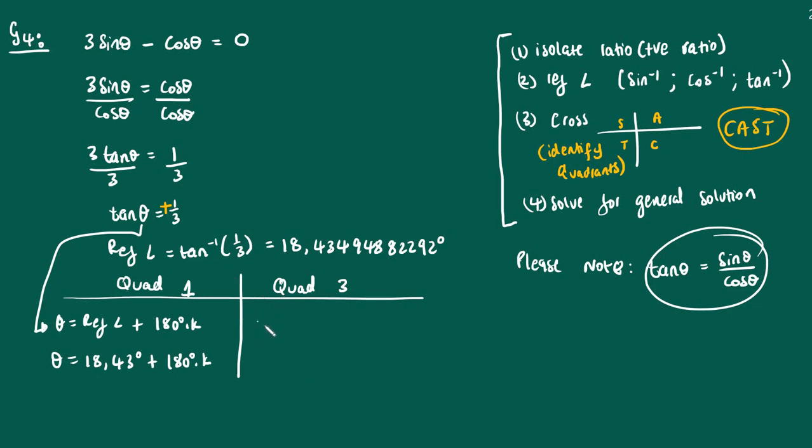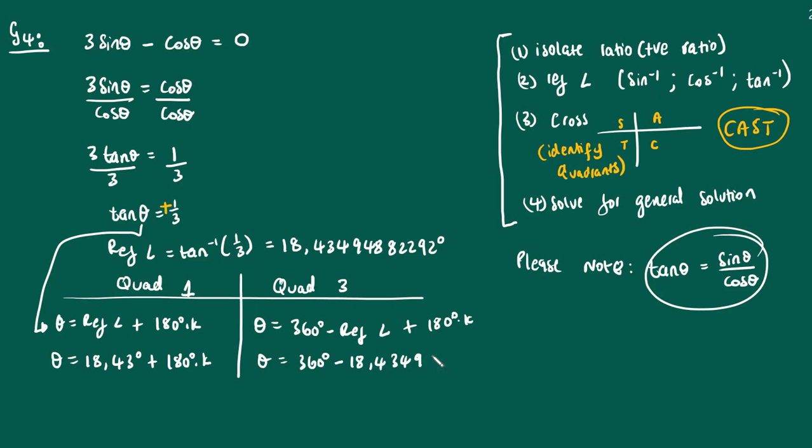Then this side we would say theta. Quadrant 3, remember, is 360 degrees minus the reference angle, and then plus 180 degrees times k, because it's tan. So it will be 360 degrees minus that 18,43. Yes, ma'am.